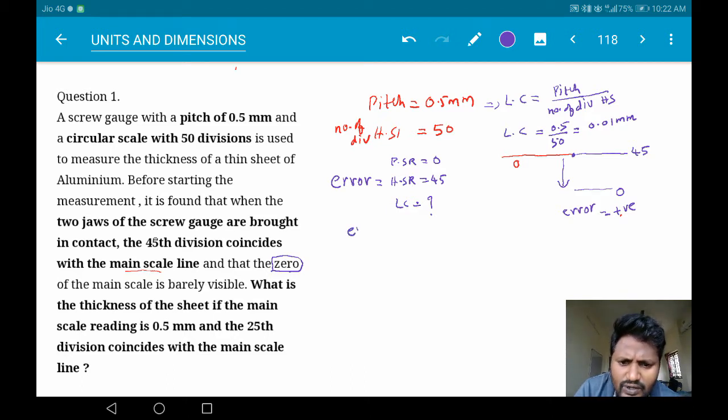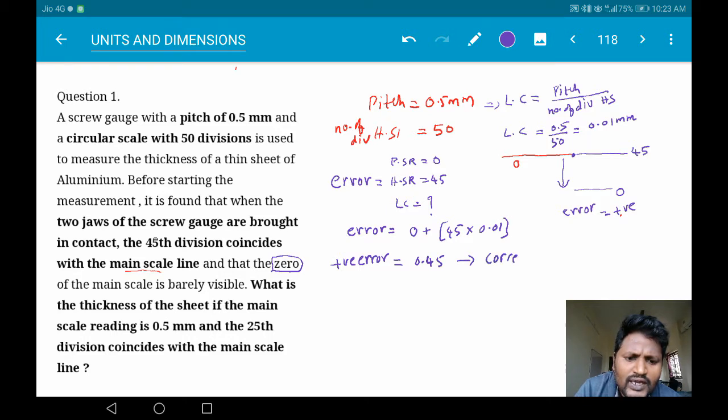Now let us find out the error. So error is PSR plus HSR into LC, so 0.45. What kind of error is it in the device? Positive error. If the error is positive, we know already that the correction is to be negative. That means from the final reading we should remove this value, then we get the exact reading of the sheet.